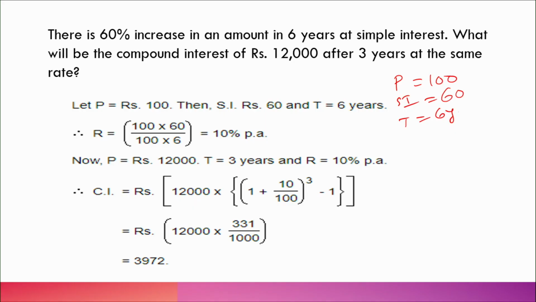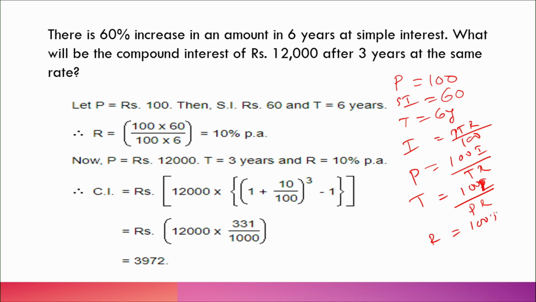Now we can say those things here. I is equal to PTR by 100, and P is equal to 100 I by TR, and T is equal to 100 I by PR, and R is equal to 100 I by PT.